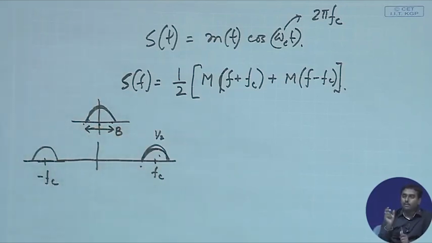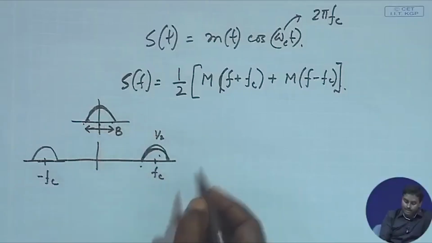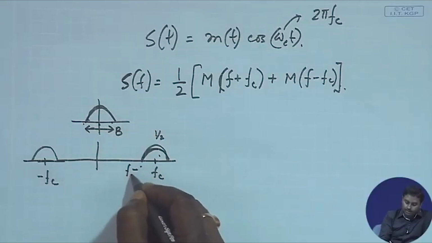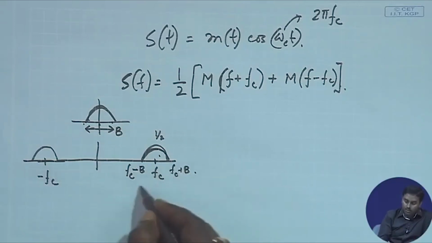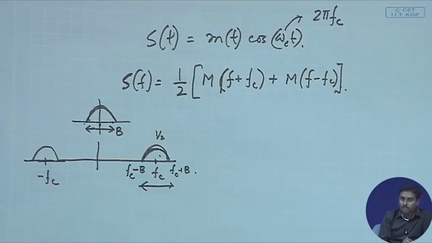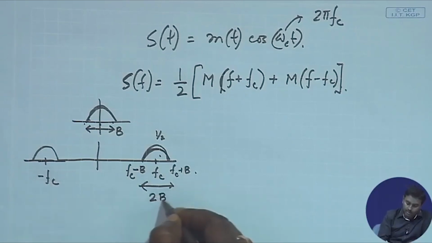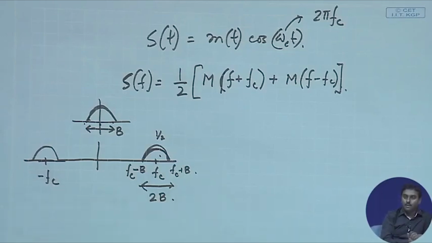So, the bandwidth is B. The baseband signal has bandwidth B. Whenever I do modulation, because the shape remains the same, this should be f_c minus B and this should be f_c plus B. So, the overall bandwidth will be doubled, that is 2B.